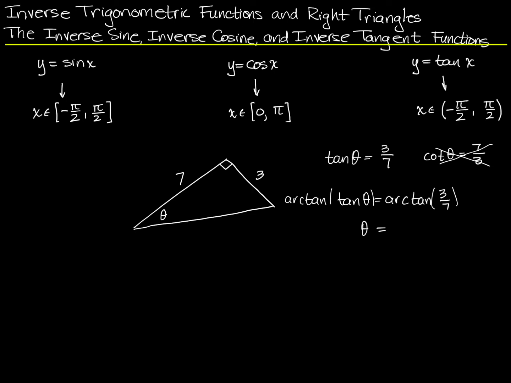If I type in second tangent, that gives me the tangent inverse function. So there's the second button and then the tangent button, and that opens a set of parentheses for me. And I'll type then 3 divided by 7, and I'll close the parentheses, and I hit enter.